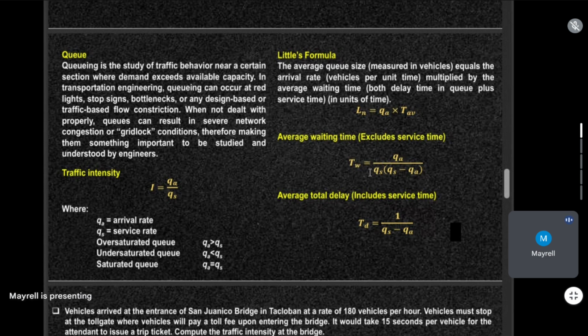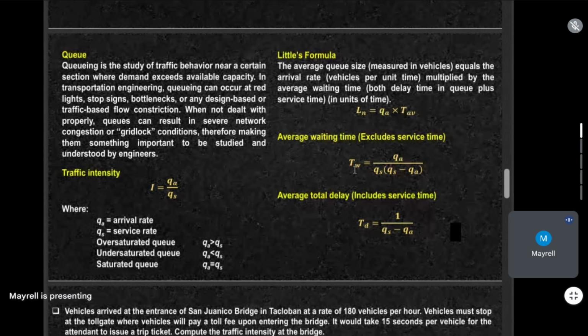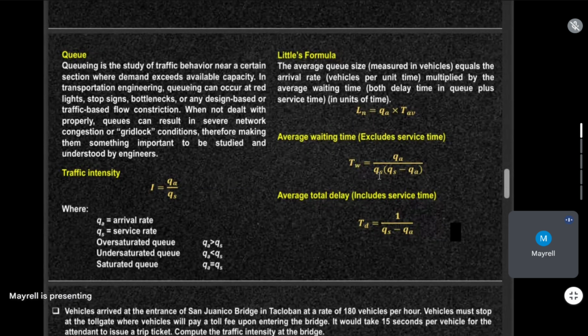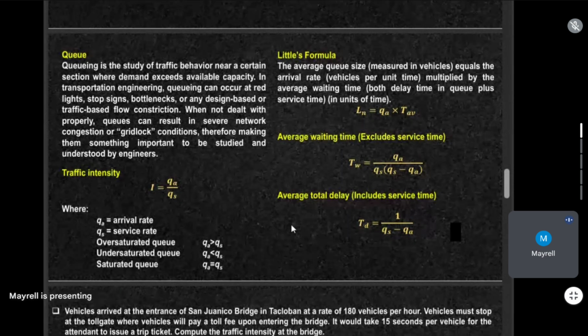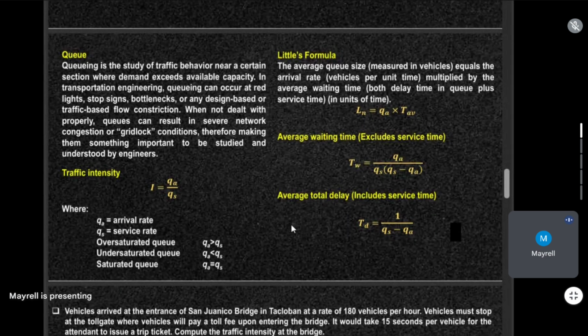So waiting time TW is equal to QA over QS times QS minus QA. Then the average total delay, which includes service time: total delay time TD is equal to 1 over QS minus QA.